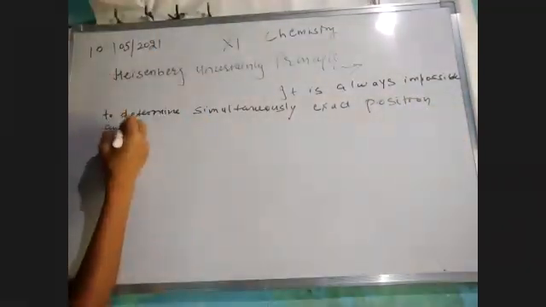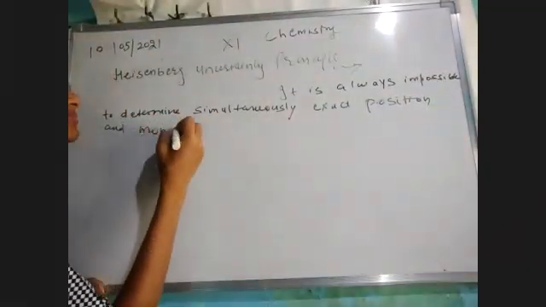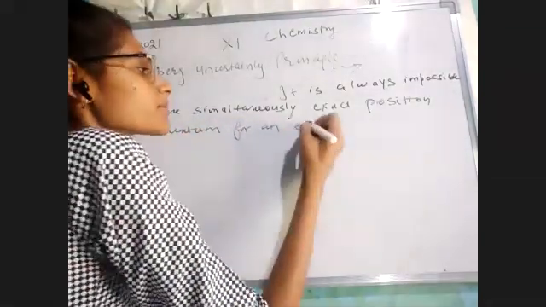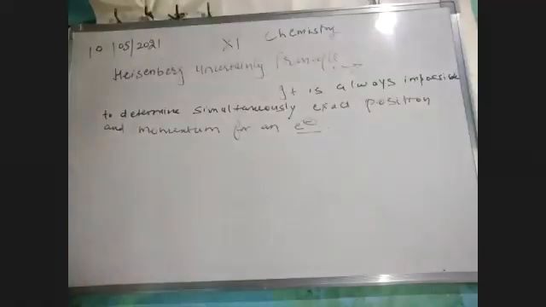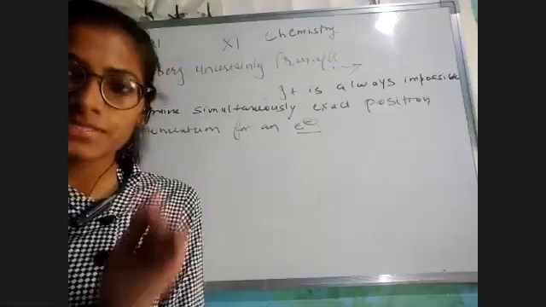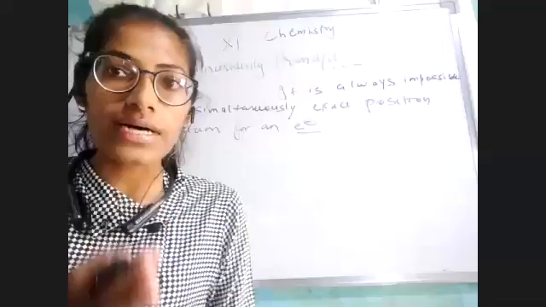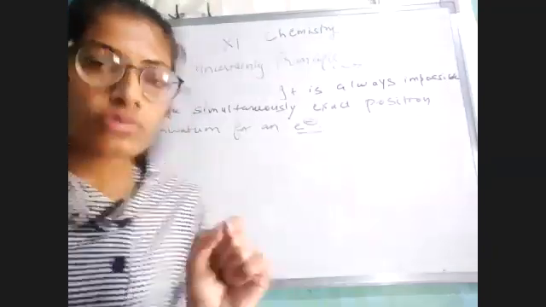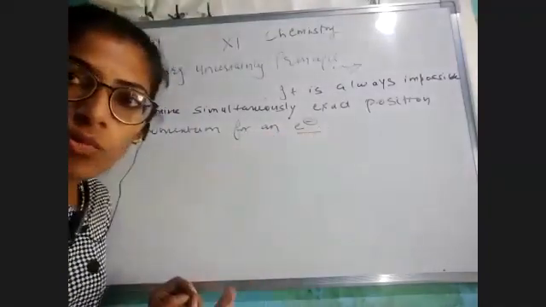Exact position and momentum of an electron. I have already told you that this concept is based on the microscopic level, so at the microscopic level we are dealing with electrons.